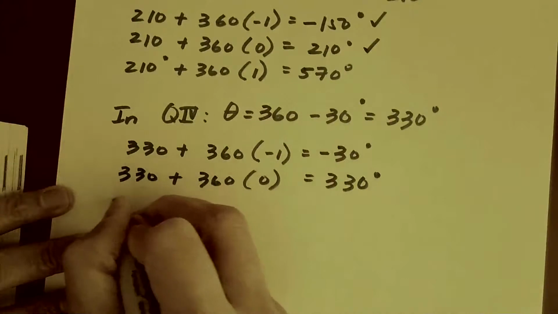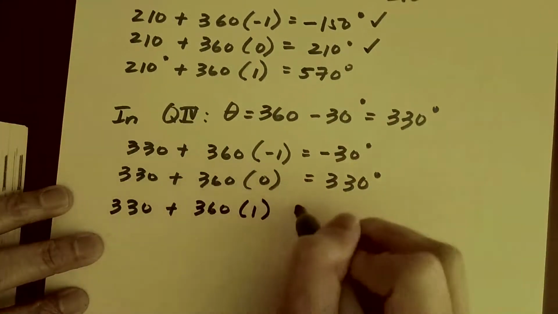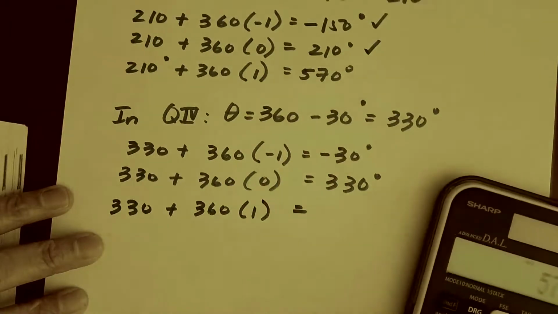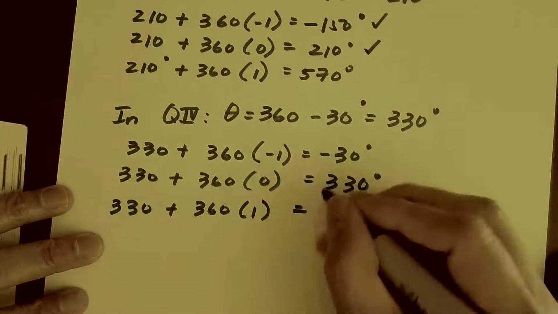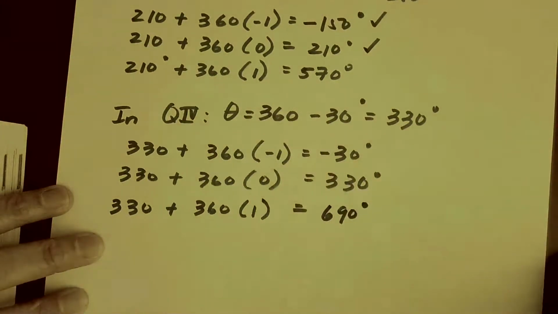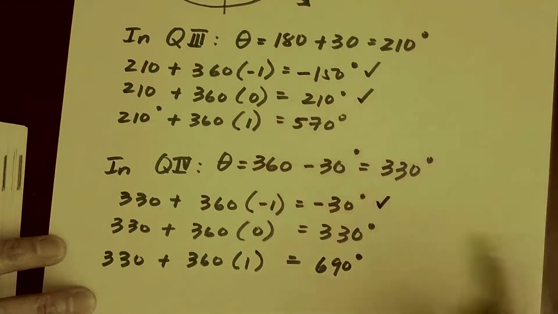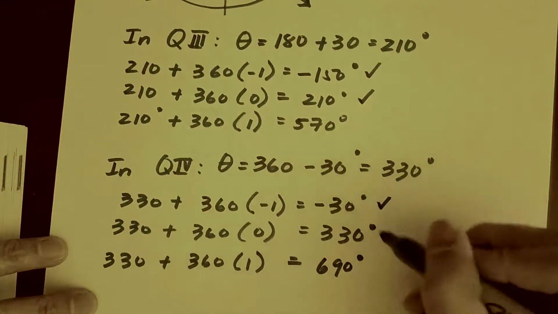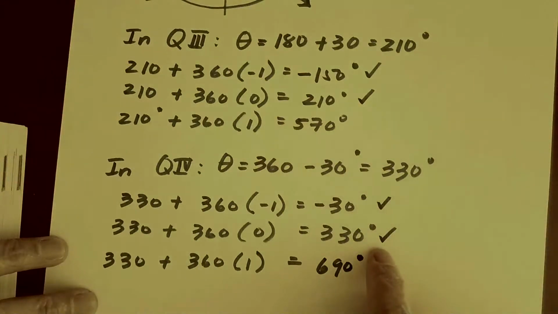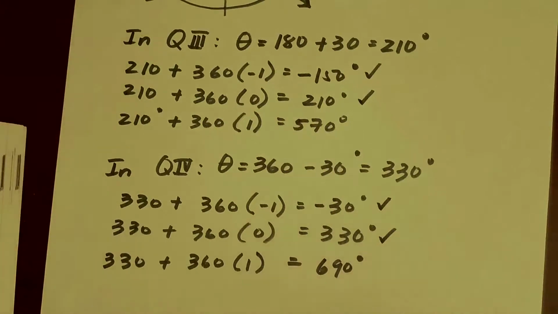And if I go 330 plus 360 times 1, I'm going to go way over. I know it's going to be over 690 degrees. So negative 30 degrees is within the domain of negative 360 to positive 360. 330 degrees is within the domain of negative 360 to positive 360.